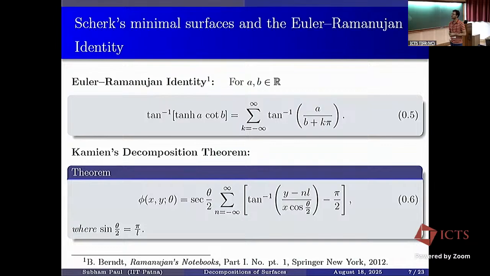Using this identity, what Kamien did was decompose that height function into dilated helicoids. In expression 0.6, we can see that the expression tan inverse of (y minus nl) divided by (x cos theta by 2) is the dilated helicoid. This will not be a minimal surface, but it locally preserves the topology of a helicoid.